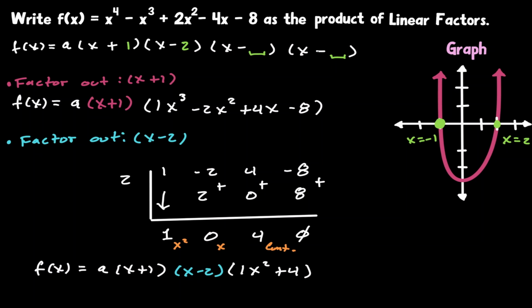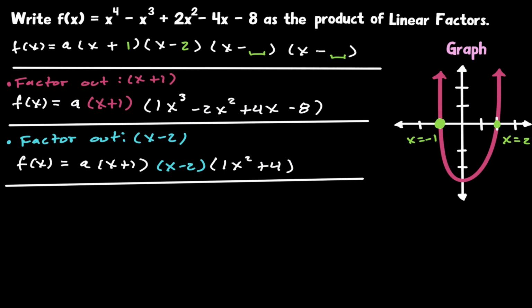Let me erase some of the work because we need the space. And now we're one step closer because this expression of x squared plus 4, if we solve for that, is going to give us the 2 linear factors that we are missing. So let's solve for x squared plus 4.